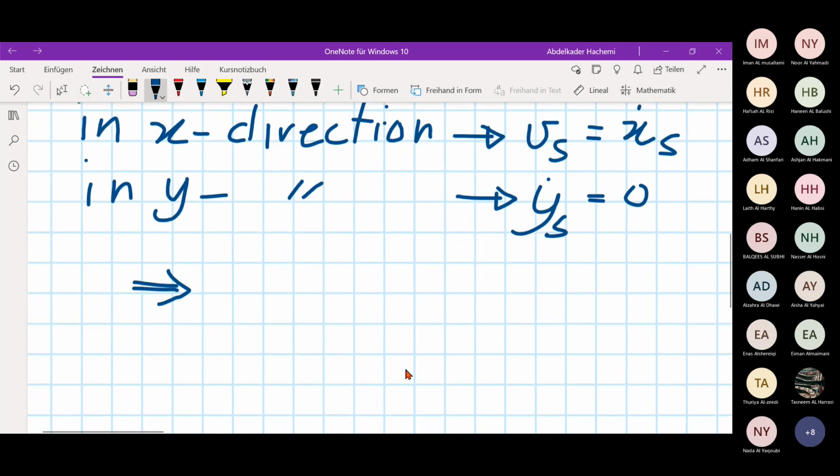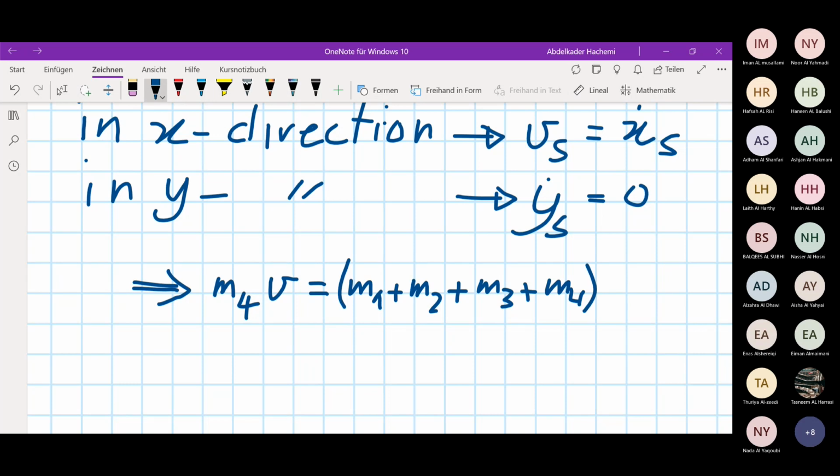Then we get m4 v will be equal to (m1 + m2 + m3 + m4) multiplied by Vs.